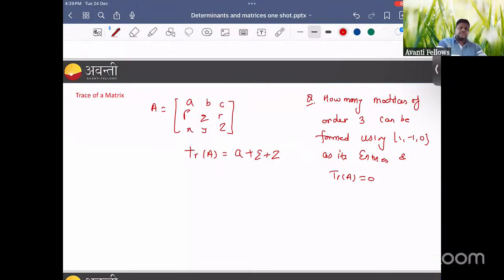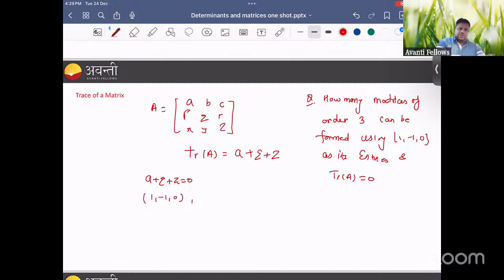Yes, tell me. Now see, trace of A 0 means a plus q plus z is 0. Now, how is it possible? If I take diagonal as 1, minus 1, 0, that is okay.